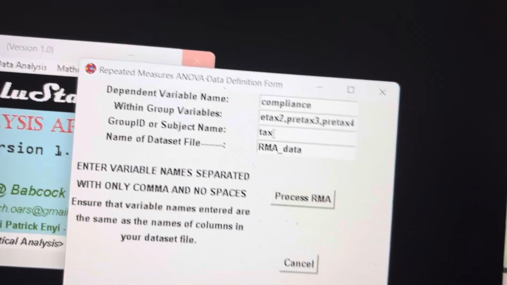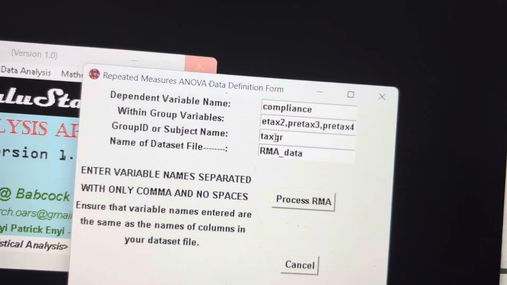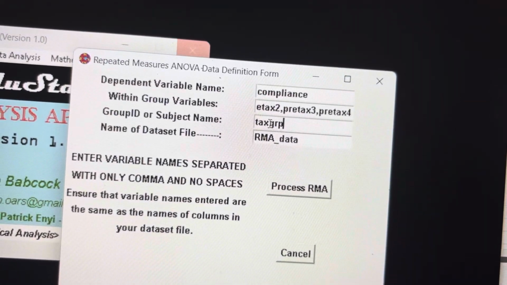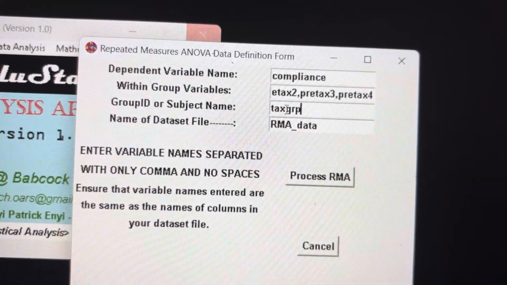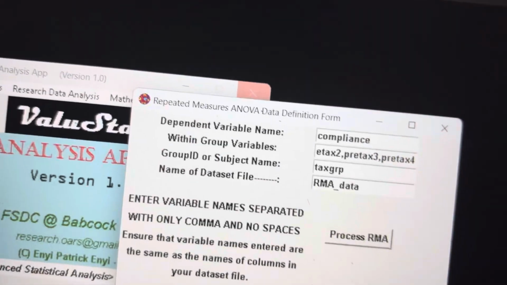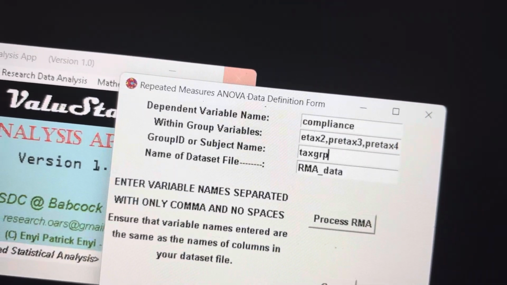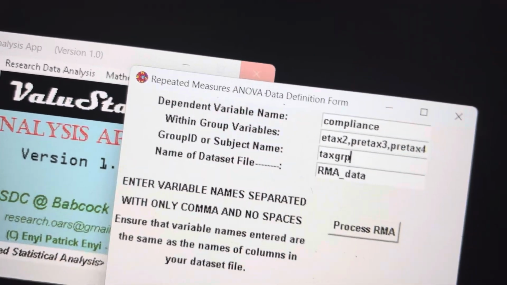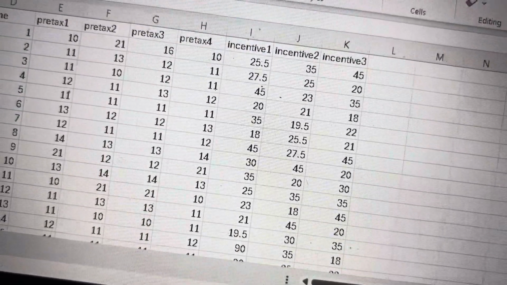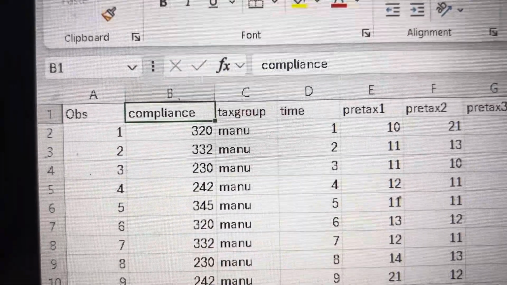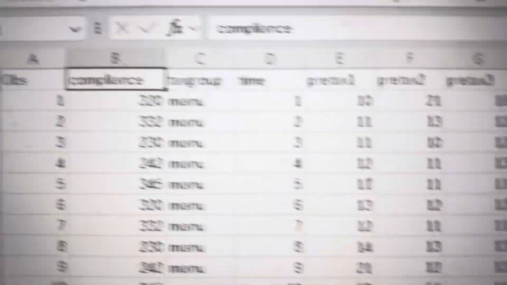In the task group, I think that's how we defined it. I want to show you this before we process this. Yeah, so now you can see. Okay, the task group, good.